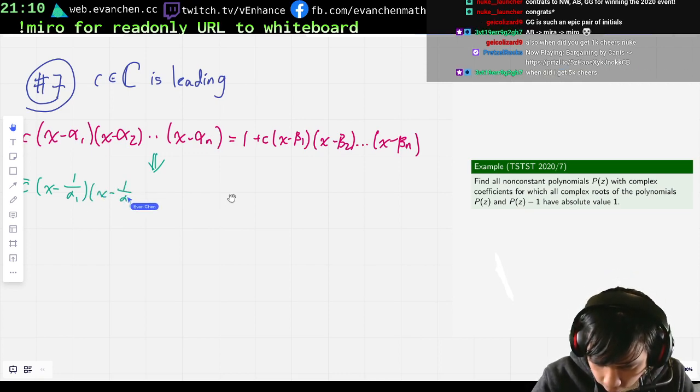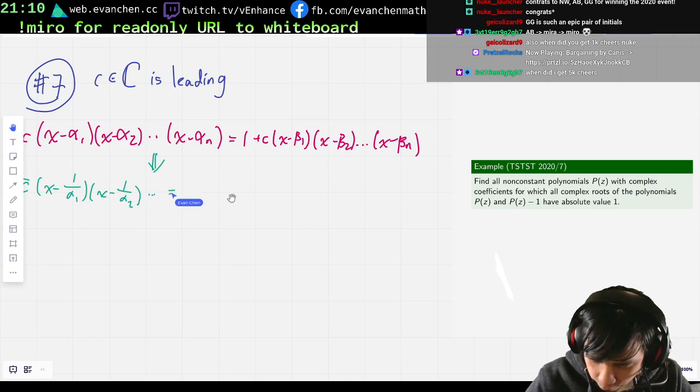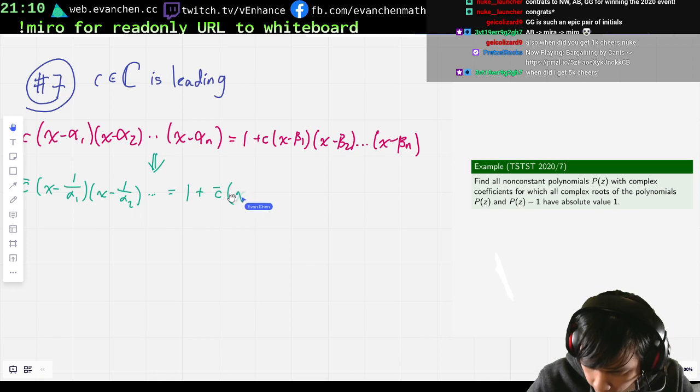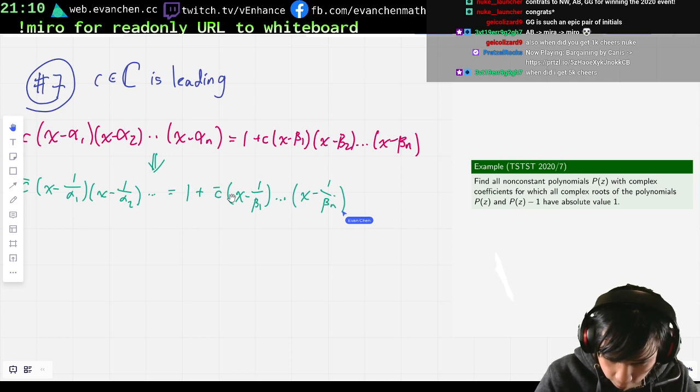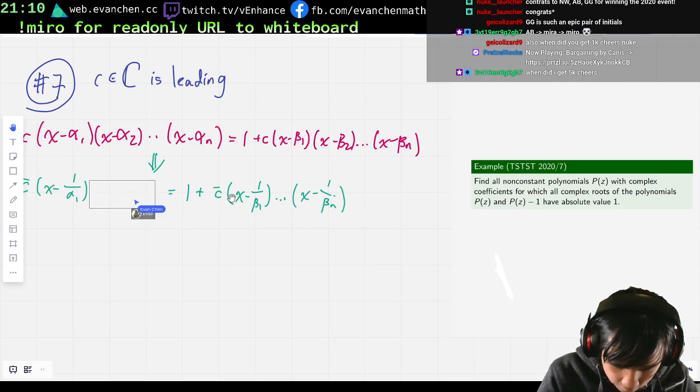Then x minus 1 over alpha 2, and so on, is equal to 1 plus C conjugate, x minus 1 over beta 1, through x minus 1 over beta n. Let me write this properly, because I wrote the two sides in different ways, and that's not good.